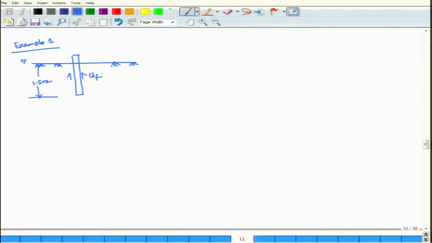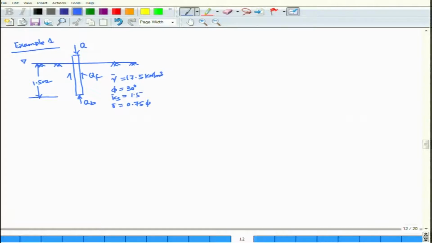This is your QF, this is your QB, this is your Q. Gamma is given as 17.5 kilonewton per meter cube, phi is equal to 30 degree, Ks is equal to 1.5, delta is equal to 0.75 phi.